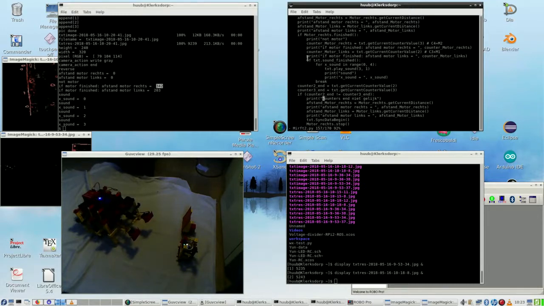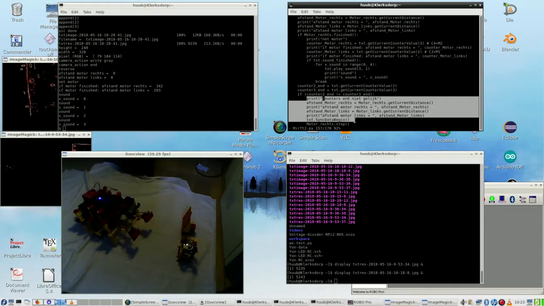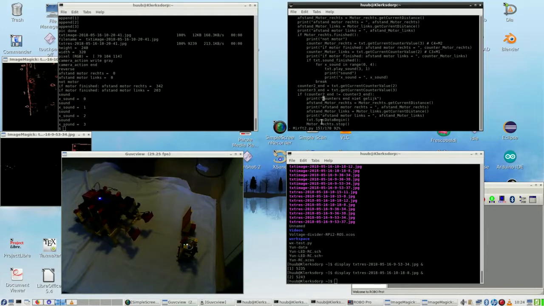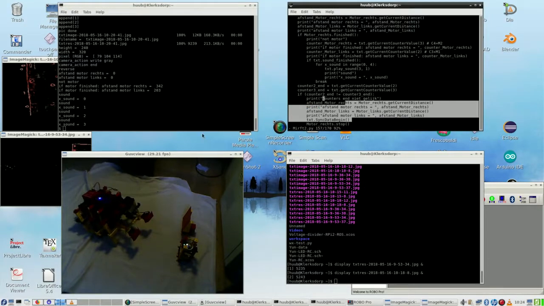So it does do this clearly, and then it gets current counter value, and if they are not equal, then print counters not gelijk, niet gelijk. And that's not what happens. So that's strange as well. The counters are not equal, and yet this is not printed. So much for a nice walking algorithm.